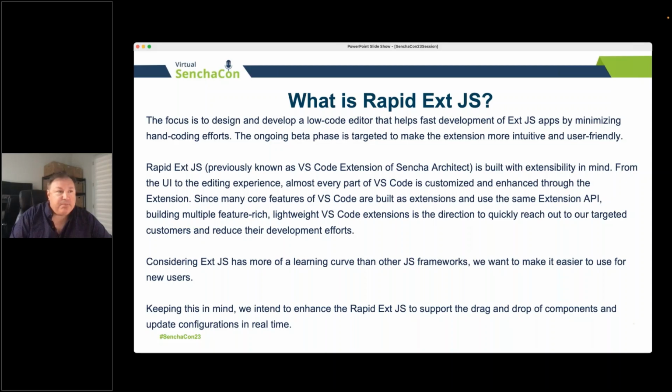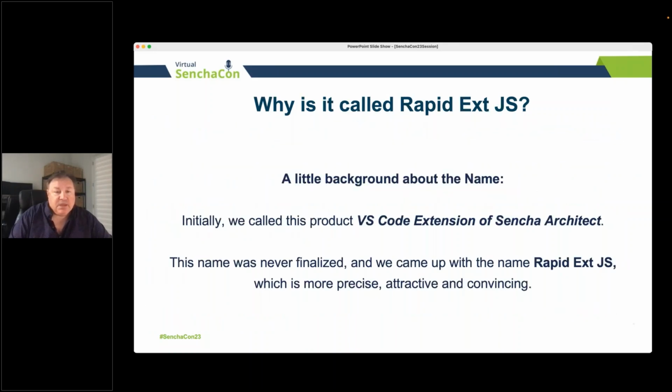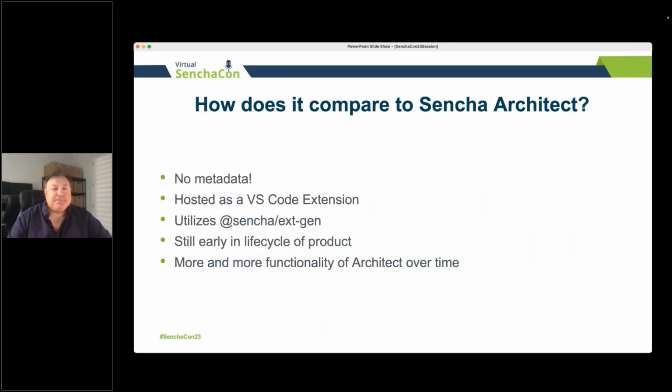And as you'll see, the beta does begin to demonstrate the kind of things we can do in that environment and the kind of capabilities that you'll see if you do acquire the beta. And Rapid Ext JS is really the final name for the product. We did have, as I said before, a previous name, but it is Rapid Ext JS.